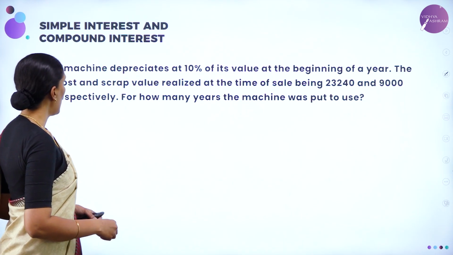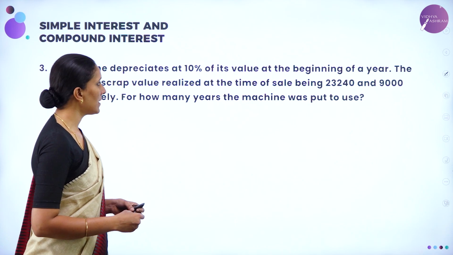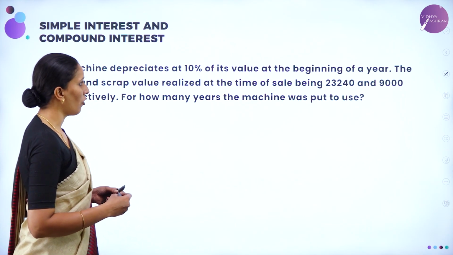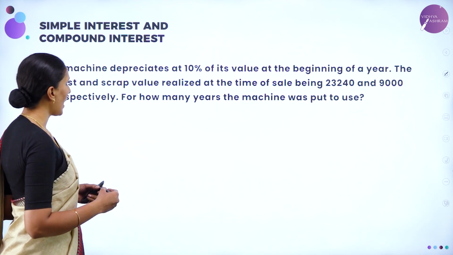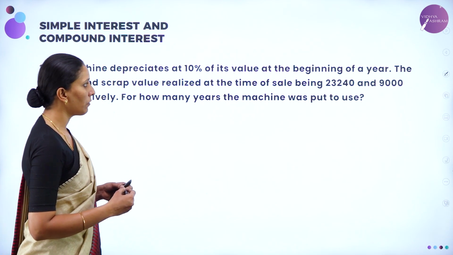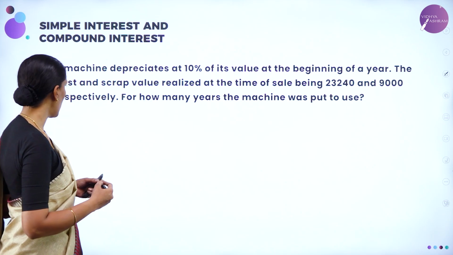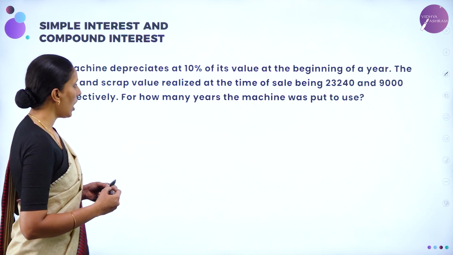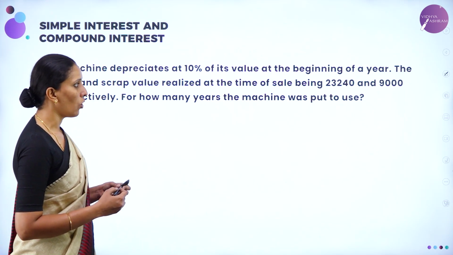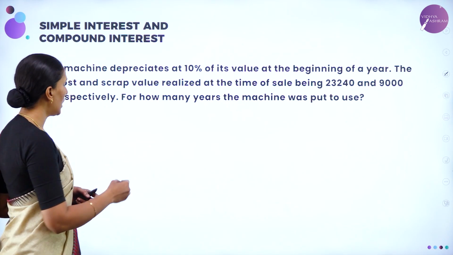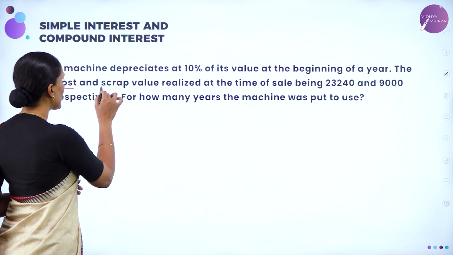Next question. A machine depreciates at 10% of its value at the beginning of a year. The cost and scrap value realized at the time of the sale are 23,240 and 9,000 respectively. For how many years was the machine put to use? So here we have the cost and the scrap value.